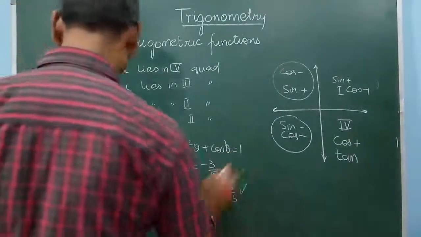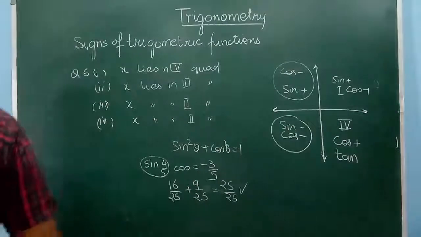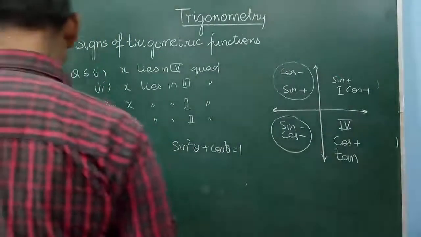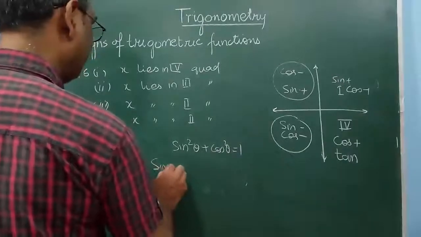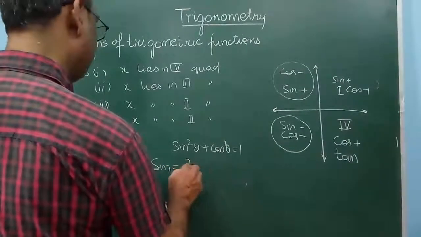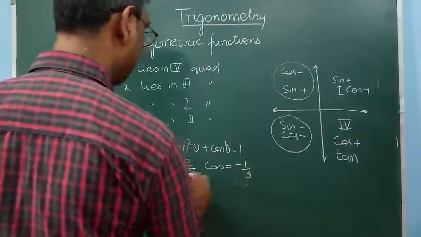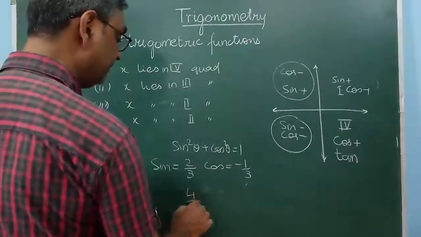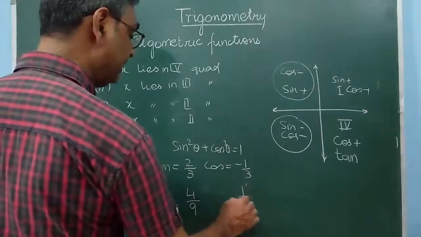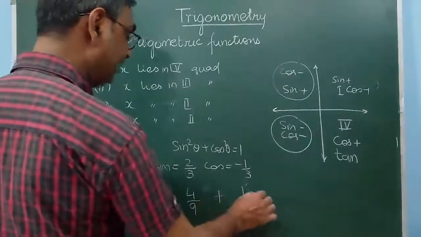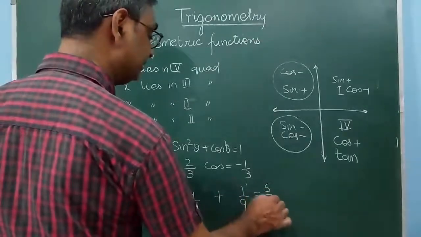This is true. But in the second case, the fourth one, it is given that sin equal to 2 by 3 and cos equal to minus 1 by 3. The square of this is 4 by 9, the square of this is 1 by 9, and when you add them, it will be 5 by 9.